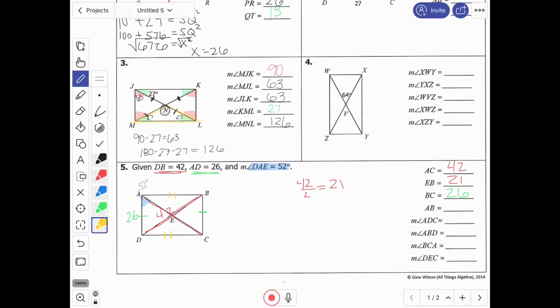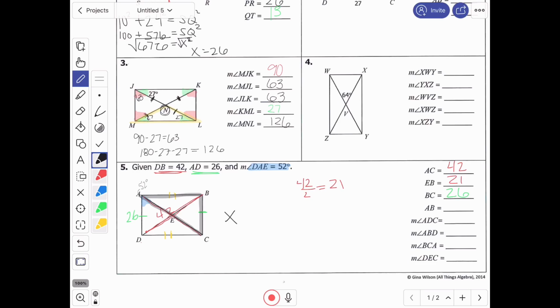So now I'm going to have to think about Pythagorean theorem, because if I look at just one of these triangles, I now have a right triangle. So I'm going to do Pythagorean theorem, and AB is one of my legs.